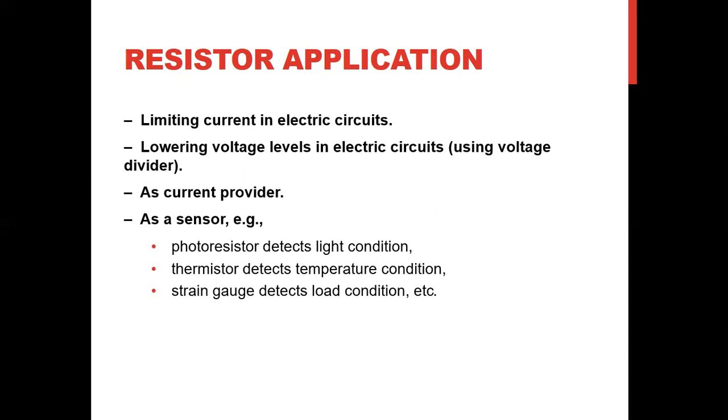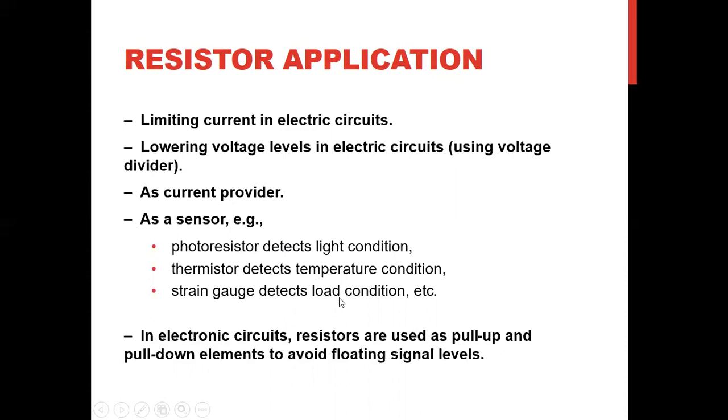For example, there is the photoresistor, which can detect the light condition. Thermistor detects temperature, and strain gauge detects load condition. Sometimes in electronic circuits, resistors are used as pull-up and pull-down elements to avoid floating signal levels.